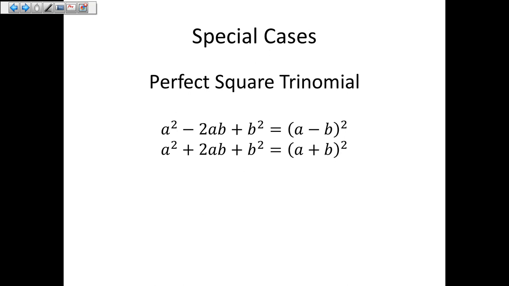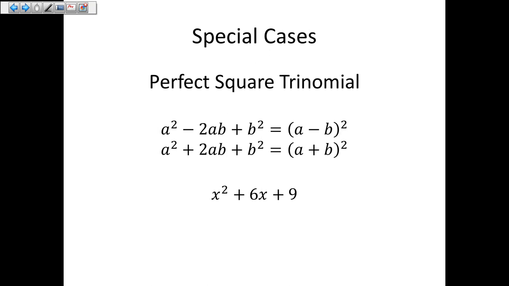Here's two more special cases. The perfect square trinomials. a squared minus 2ab plus b squared and a squared plus 2ab plus b squared are two perfect square trinomials. Now they look kind of goofy. How am I going to recognize this when we're in the real world? Well, here's an example.